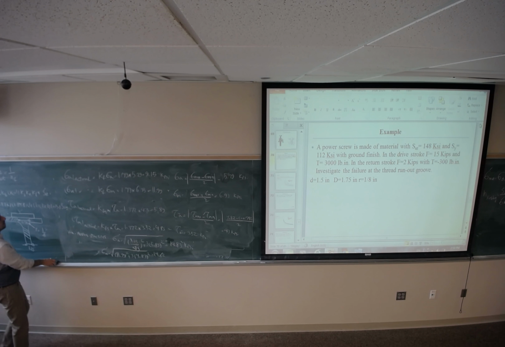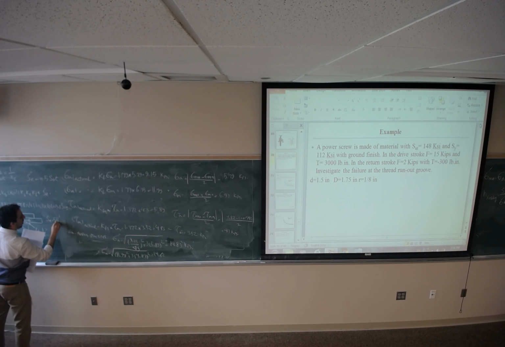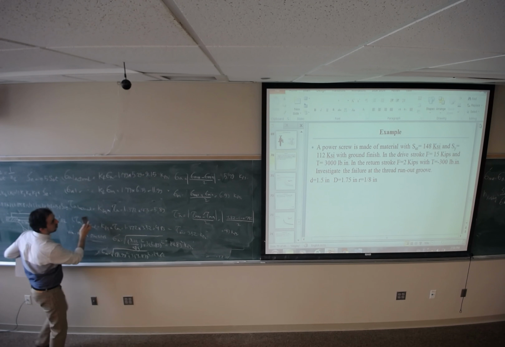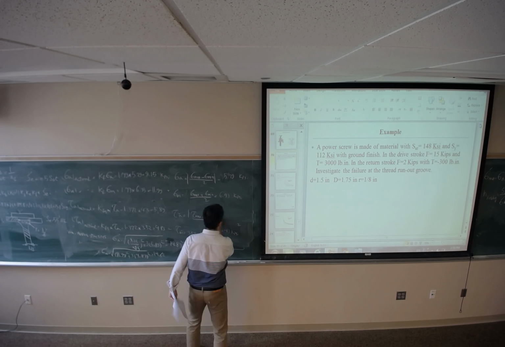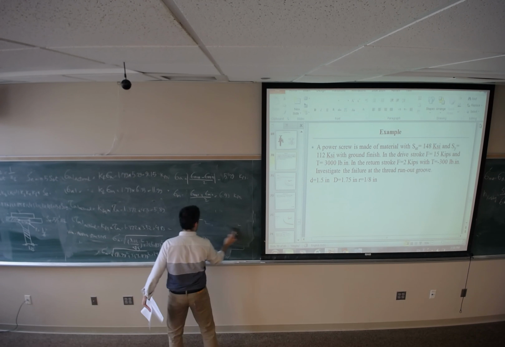S prime E is half of S ultimate, which is half of 148. So if I do that, I will find SE equals 55.62.